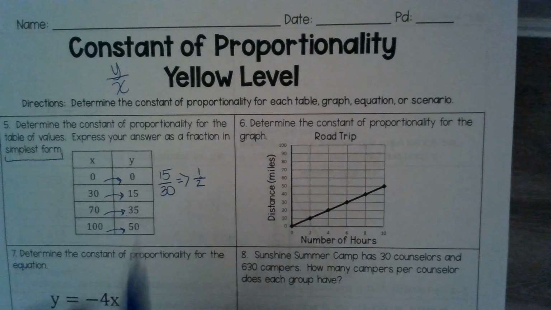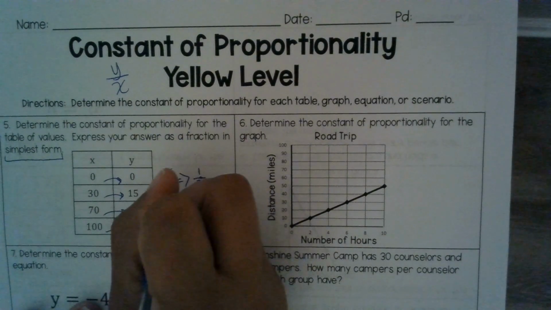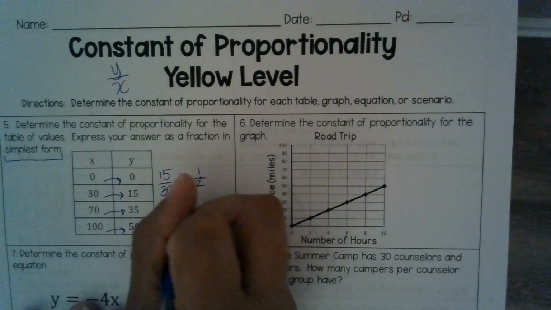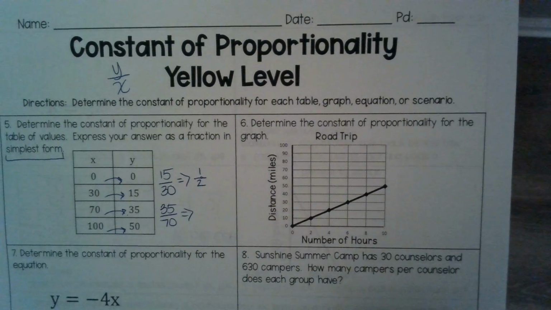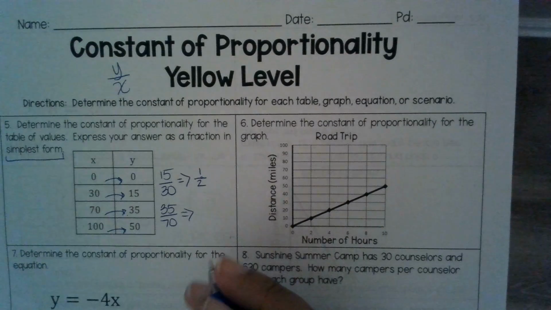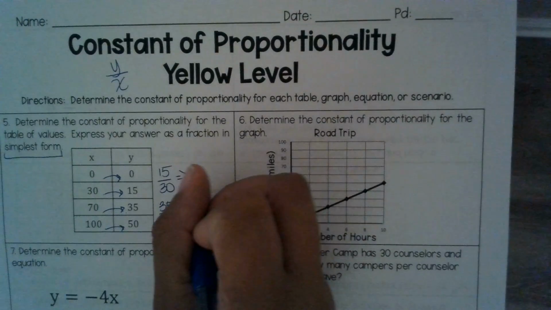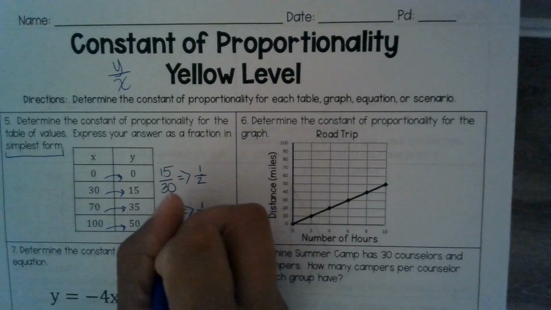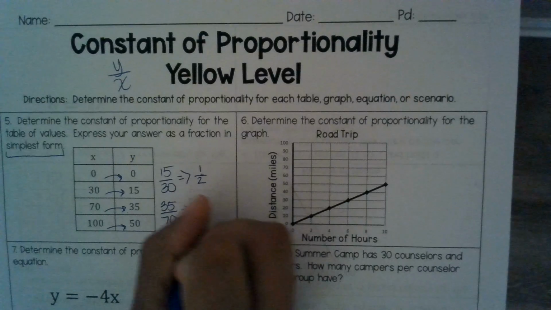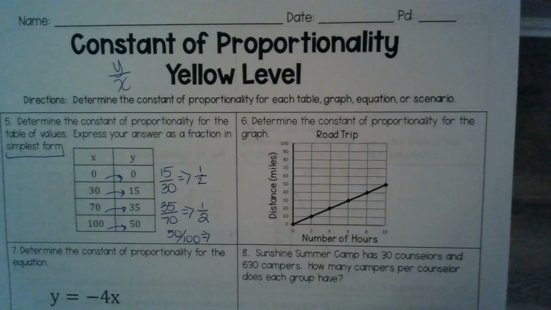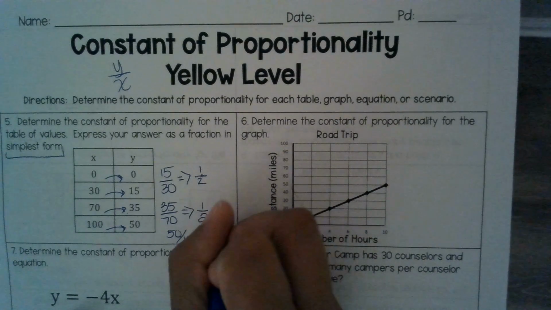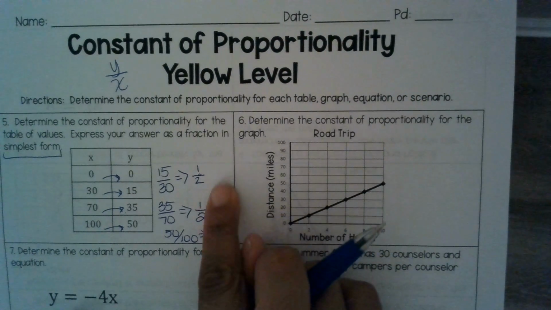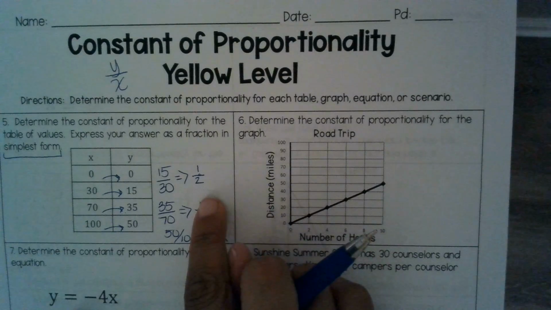Alright, let me try this one now. 35 divided by 70. Again, use Desmos. If you put it in, it still gives you 0.5. If you click that little fraction button, it gives you 1/2. So then let's try the last one. 50 divided by 100. Well, 50 is half of 100. We should know that. So what do you notice in my pattern? I end up getting 1/2.